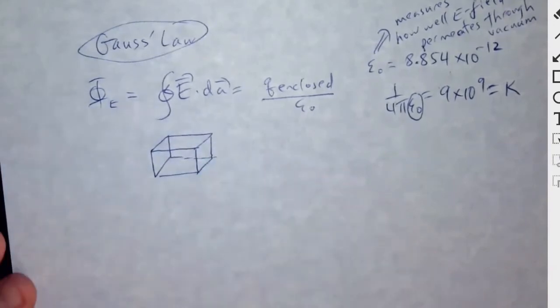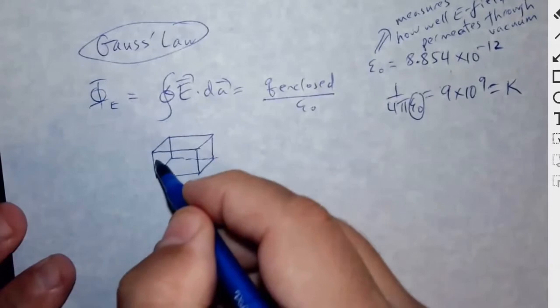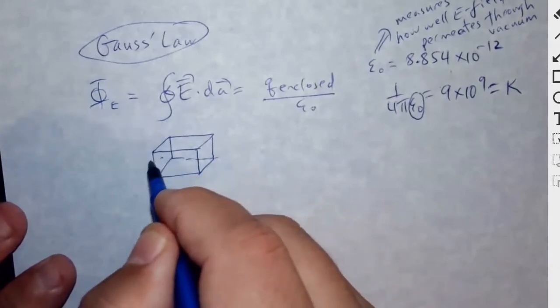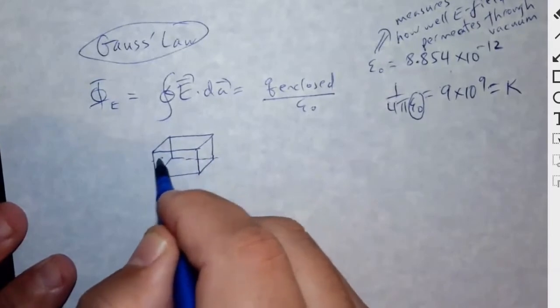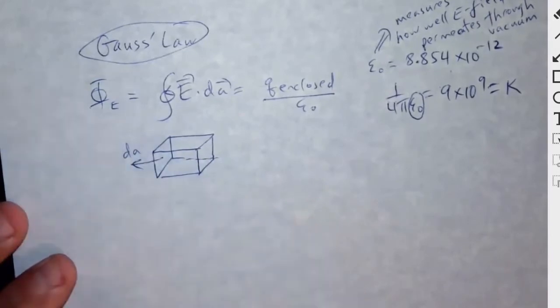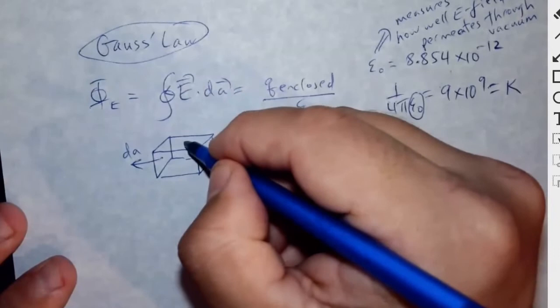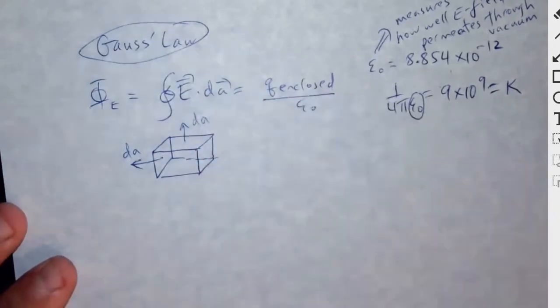you see, now the dA vector is more defined in terms of direction, right? If you have a closed surface, on the left side, the dA comes always out of that three-dimensional surface. So on the left side, the dA vector is going to be like this. On the top, it's going to be like that, you see.